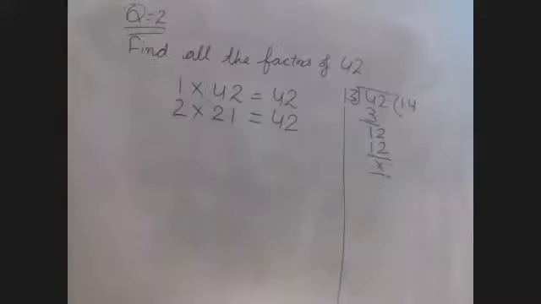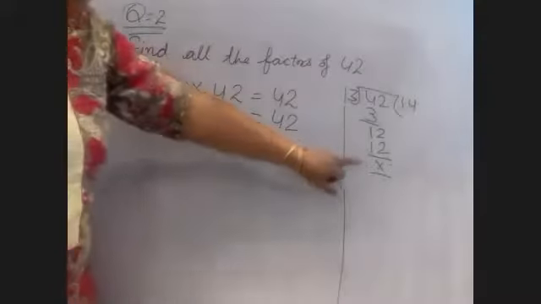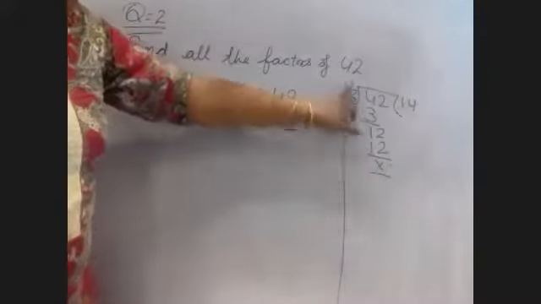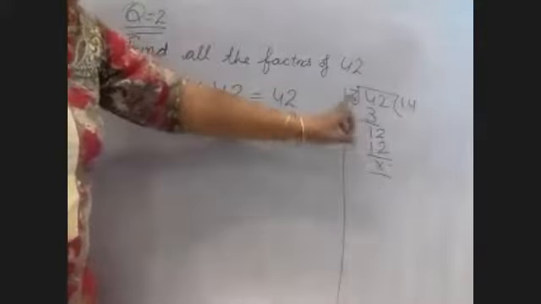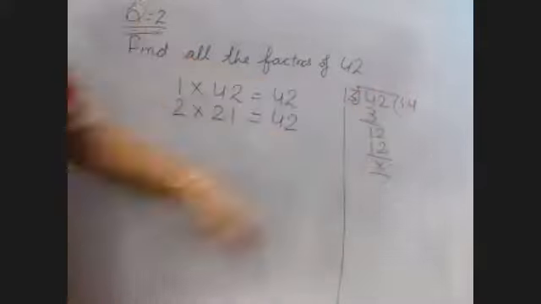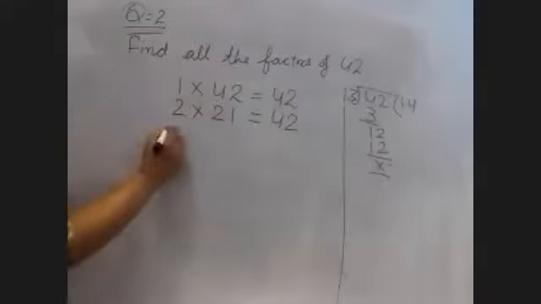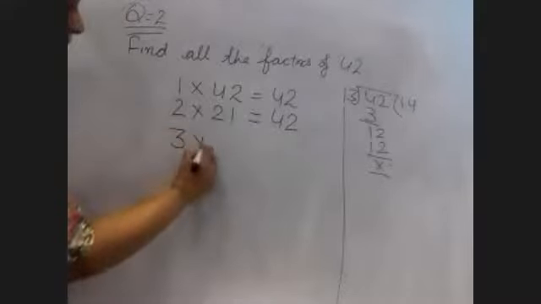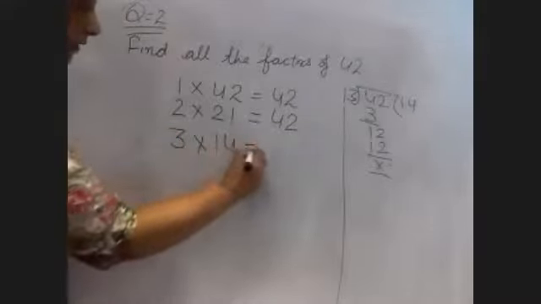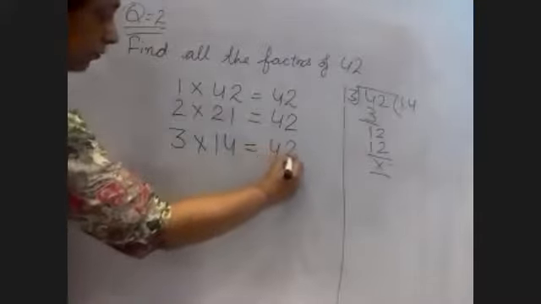Again, students, the remainder is 0. So it means 3 and 14 are factors of 42.